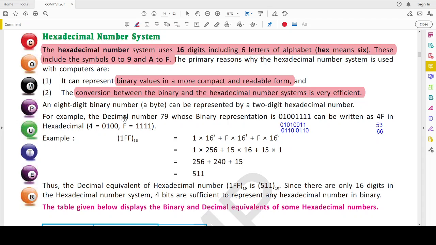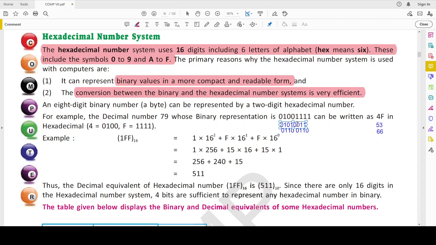For example, the decimal number 79, whose binary representation is 01001111, can be written as 4F in hexadecimal.